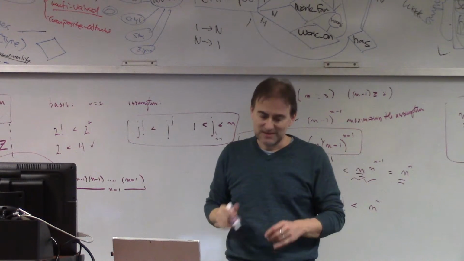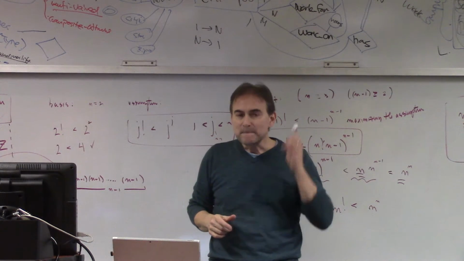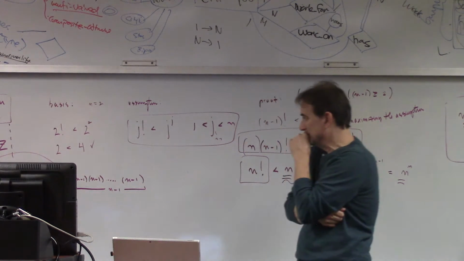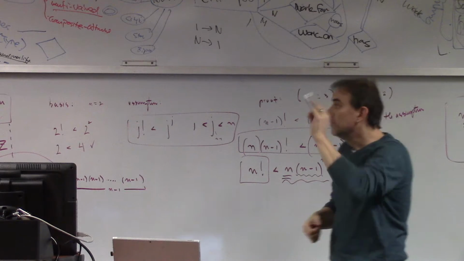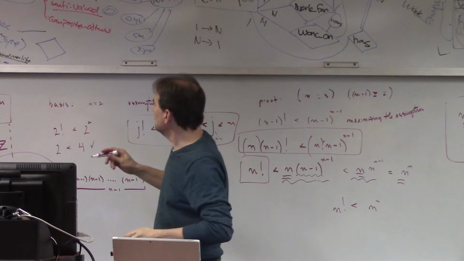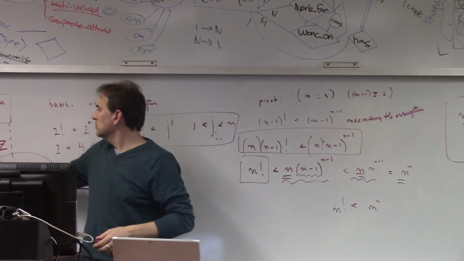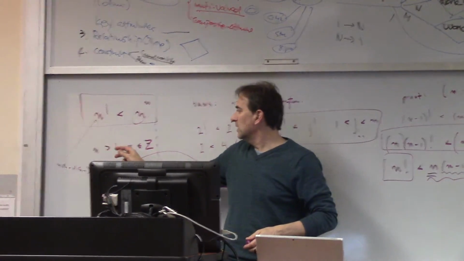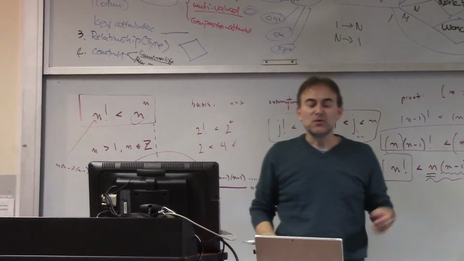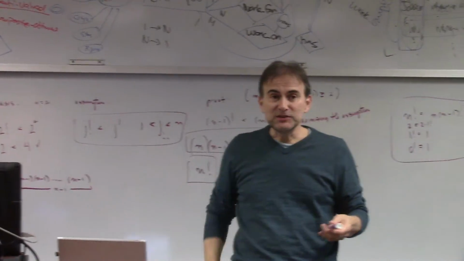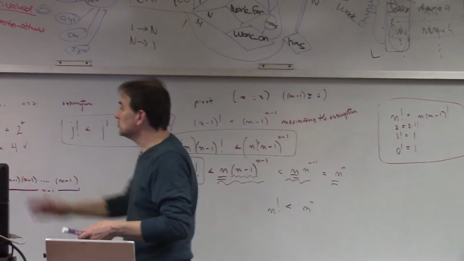But 1 is not less than 1. We have already seen that 1 factorial is not less than 1 raised to 1. But we're trying to prove that this is true for integers n greater than 1. So 1 is excluded. We didn't say this is true for all integers. We said it's true for integers 2 or higher.